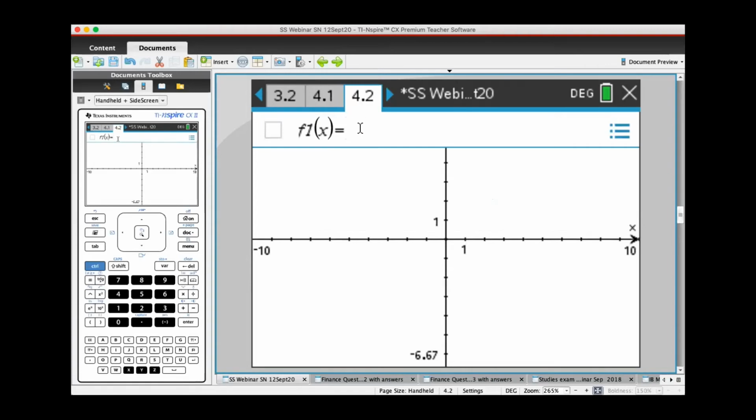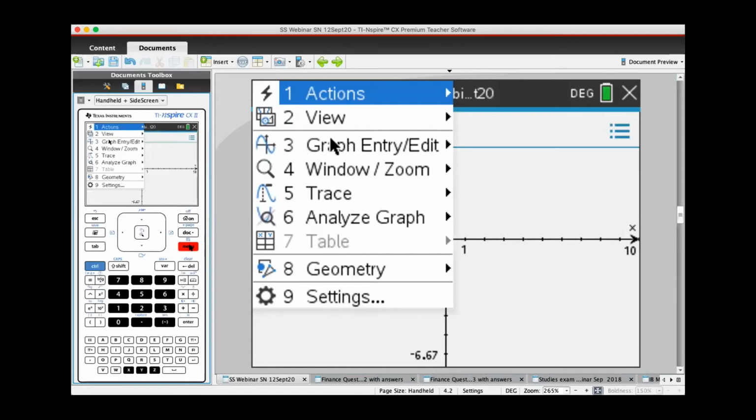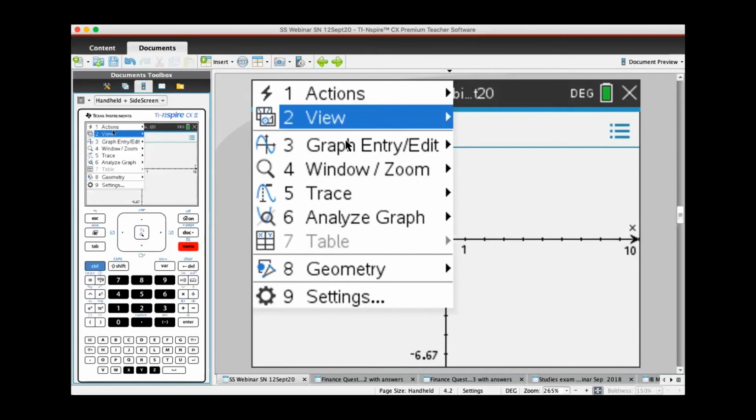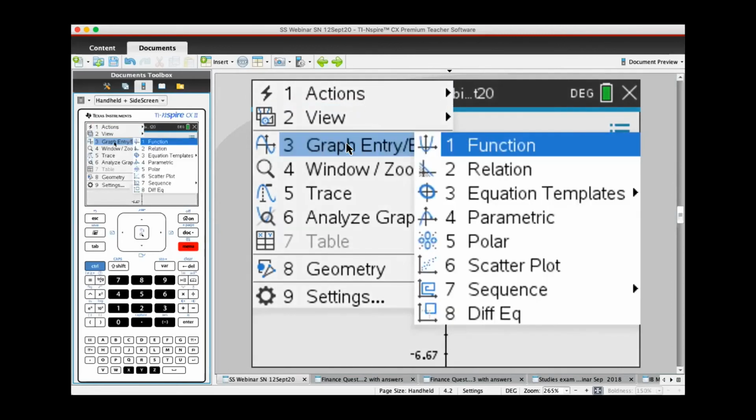When you're in the graphing page, you go to the menu, and the menu is the best thing on this calculator because it responds to your requirement. Right now, because I'm in the graphing, it has got the menu which makes sense on the graphing page.